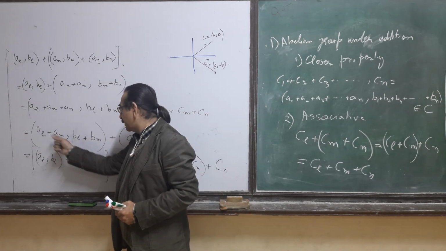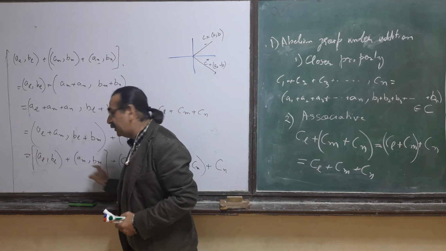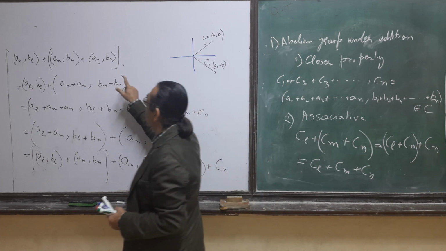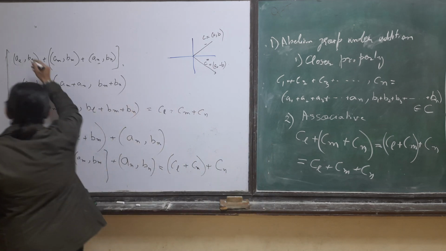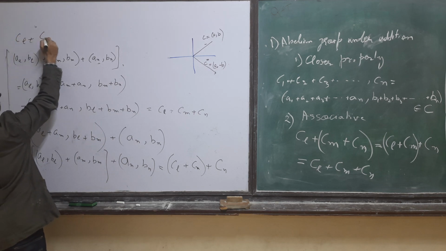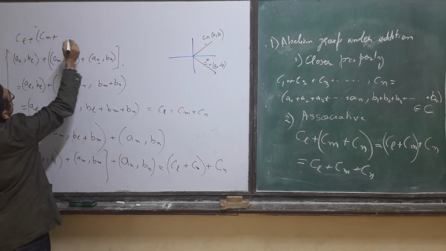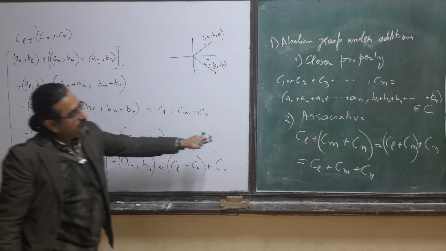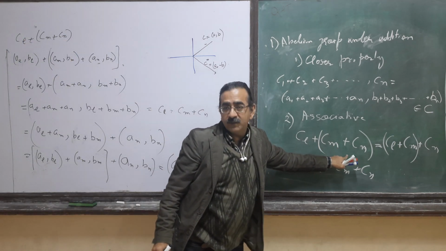Firstly, adding this, because these are the resultant of this. So to show that this is equal to this is equal to Cl plus Cm plus Cn. This was the left hand side. Okay, this Cl, we have to prove this.